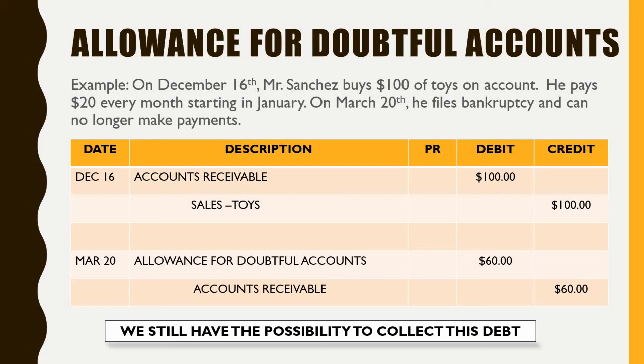He so far has paid us a total of $40, so he still owes us $60. So we're going to move his portion of the accounts receivable and place it into the allowance for doubtful accounts. So here is my debit to the allowance for doubtful accounts and my credit to accounts receivable.